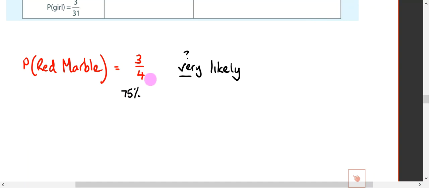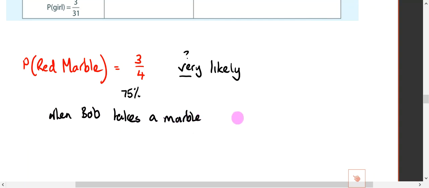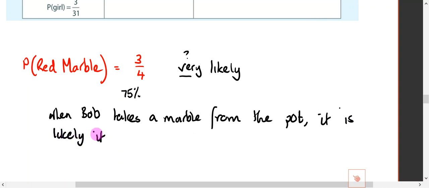Did you see the difference in what she said? When Bob takes a marble from the pot, do you remember we did that? It is likely it will be red.